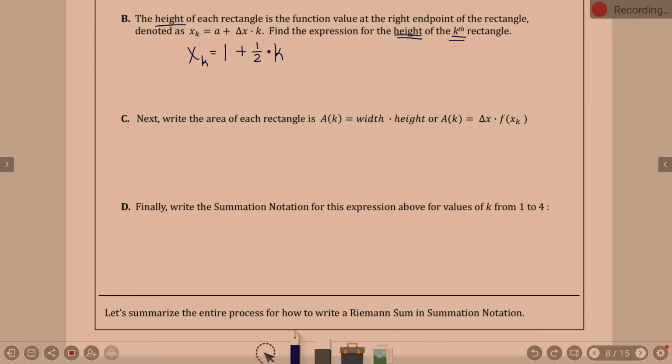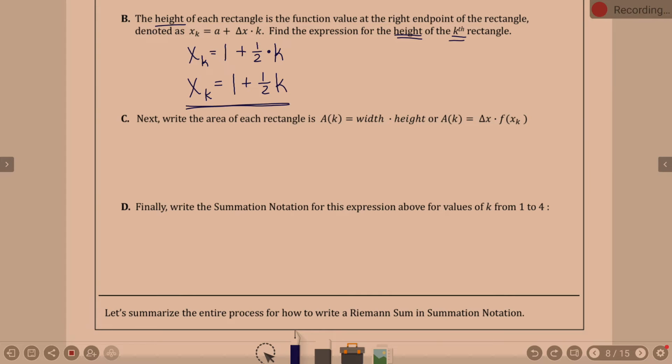You can write it as 1 plus 1/2 k. You could write it as 1 plus 0.5 k. You can write it as 1 plus k over 2. You'll see me do a little bit of everything there. So there is our x of k. That'll be one of our steps.